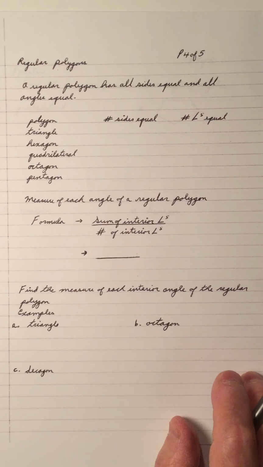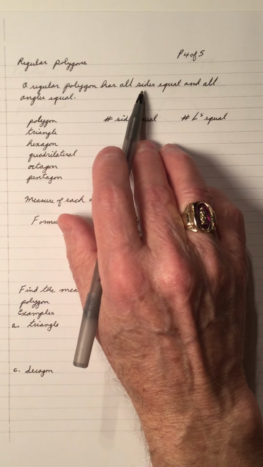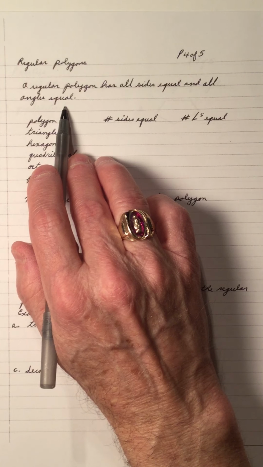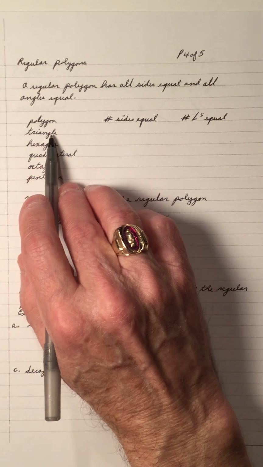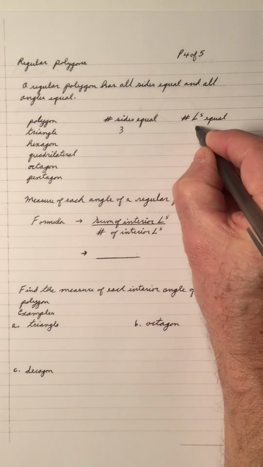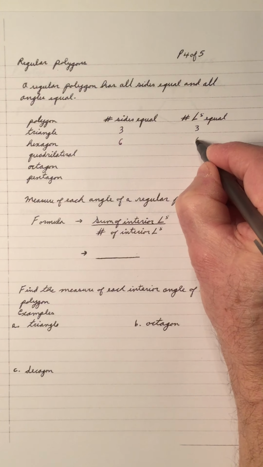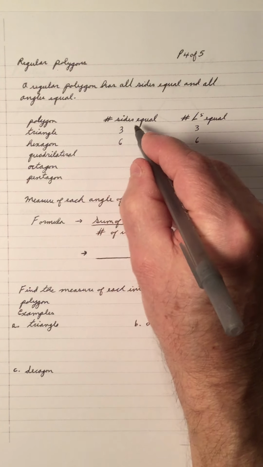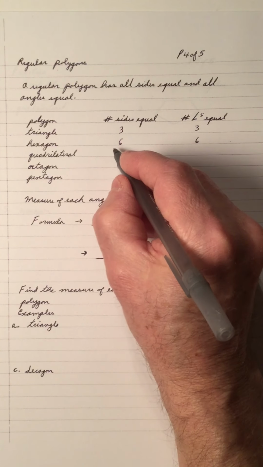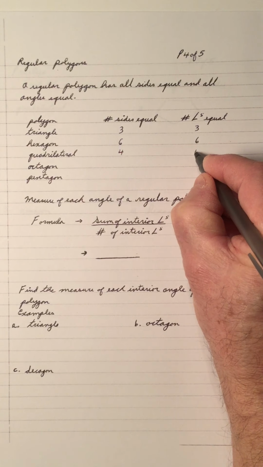Now let's look at a regular polygon. A regular polygon has all sides equal and all angles equal. So if a polygon is a triangle, it has 3 sides, so it has 3 equal angles. A hexagon is 6 sides, so it has 6 equal angles. A regular quadrilateral has 4 sides equal, so 4 angles equal.